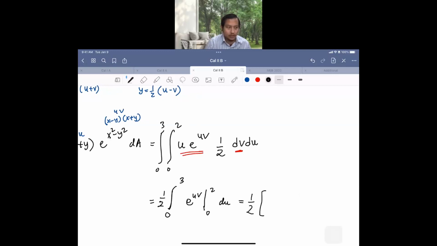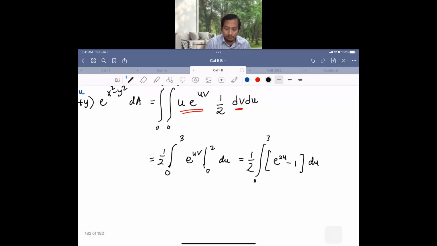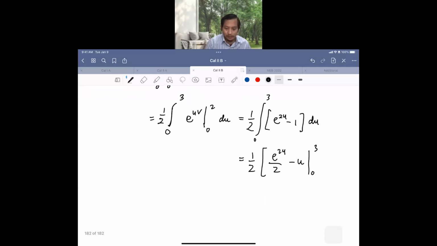And then we plug in, still having the integral. We plug in 2 and 0, this will be 2u minus 1. This will be half, and then e^{2u} over 2 minus u, so 0 to 3.